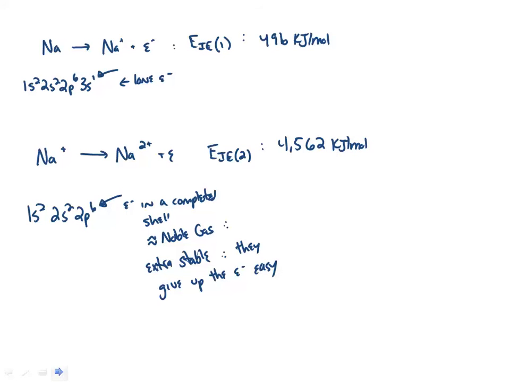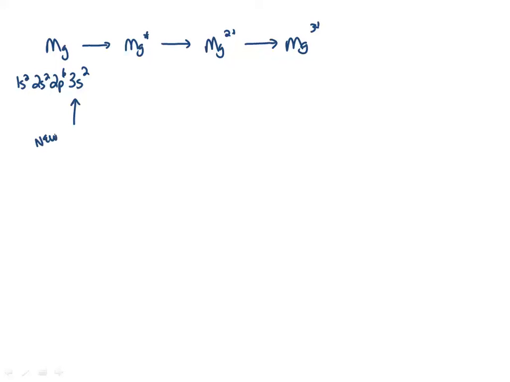And if we take a look at magnesium, I'm just going to draw this as a series, just because I'm too lazy to keep drawing it all the way. Notice that magnesium is 1s2, 2s2, 2p6, 3s2. So here I'm removing it from a new shell. And here it's 1s2, 2s2, 2p6, 3s1. Again, here it's just the new shell. So getting to magnesium 2+ is easy.